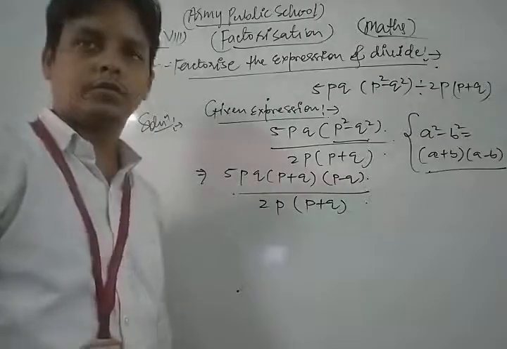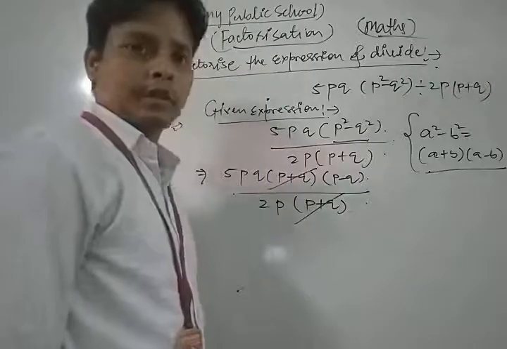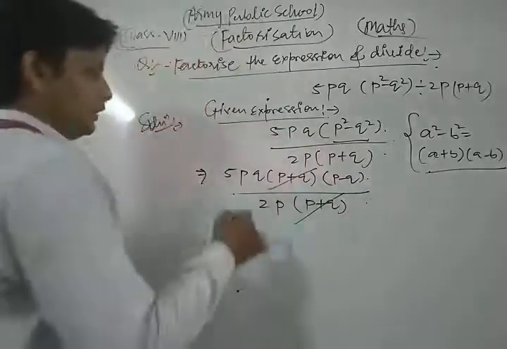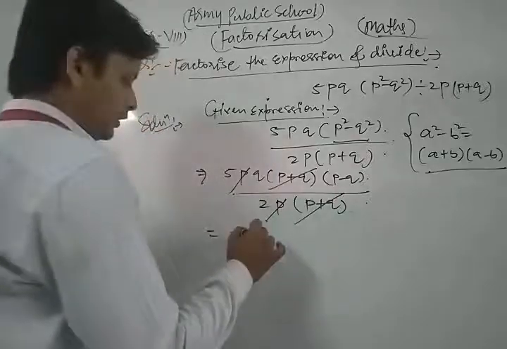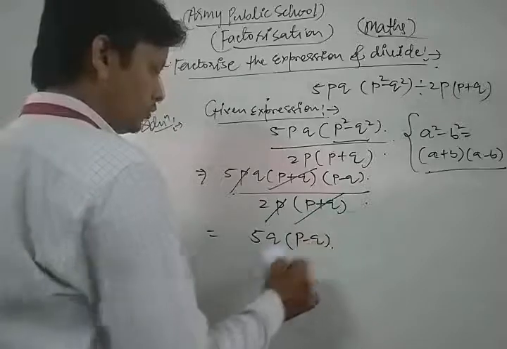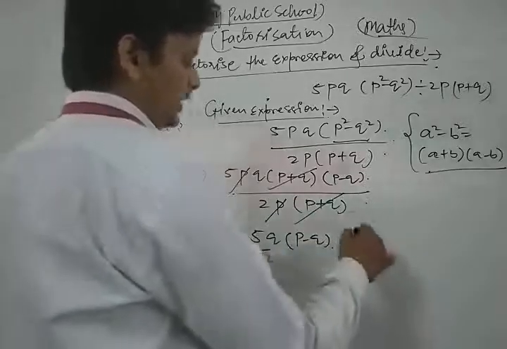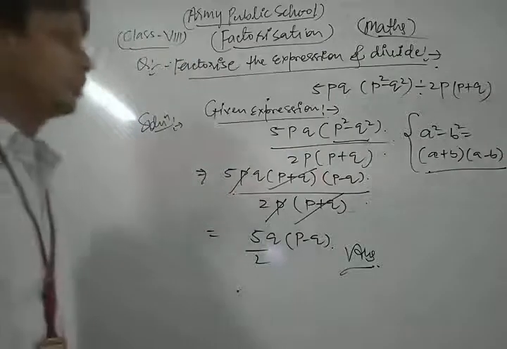Now p plus q cancels with p plus q, and here p and 1p cancel each other, so we get 5q, in another bracket p minus q upon 2. This is the required solution of the given question.